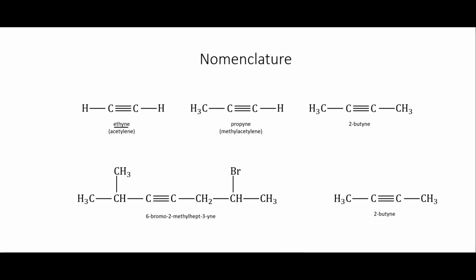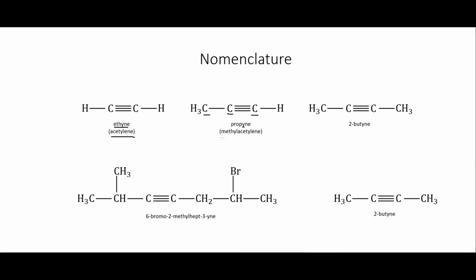And so the ethyne here has the common name acetylene, which you might be familiar with if you know anything about welding. But then we can have the propyne, so this is three carbons, so that's where that pro prefix comes from. And again, we add that Y in there, so propyne.